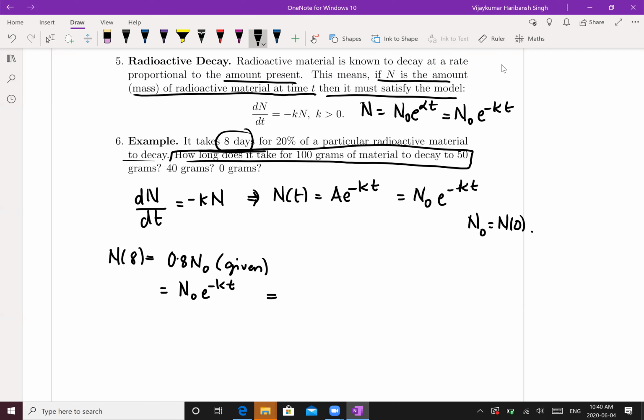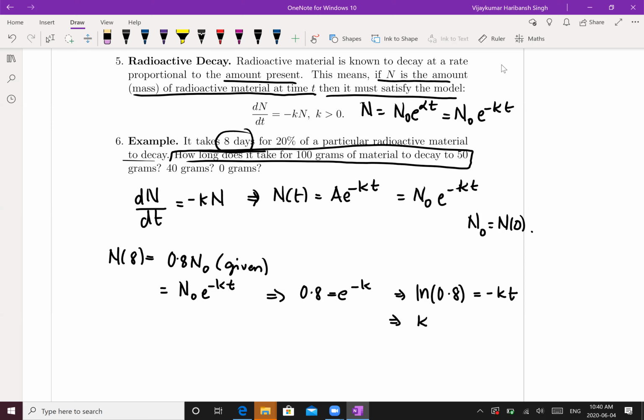So this should give us, if you cancel N0 on both sides, 0.8 equals e to the power minus kt. Or if you take ln on both sides, ln of 0.8 equals minus kt. This implies k equals, so this should have been 8, right?